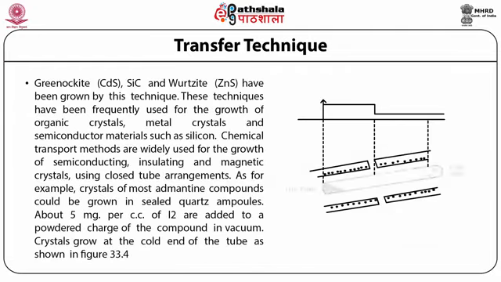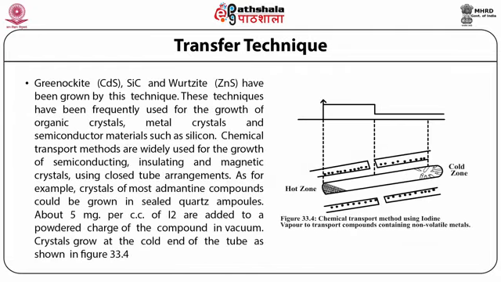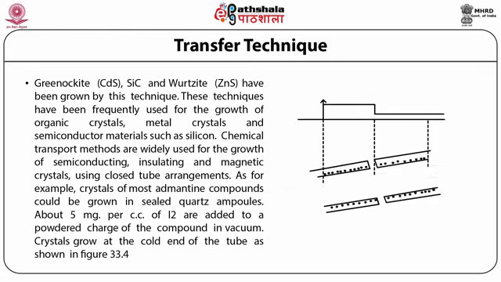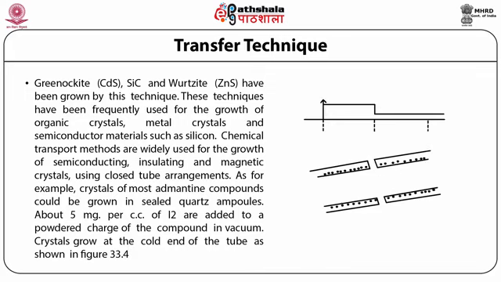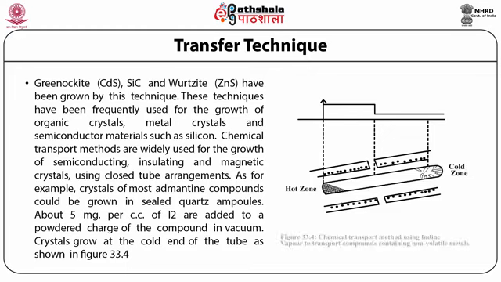Greenockite, that is cadmium sulfide, silicon carbide, that is SiC, and wurtzite, that is ZnS, have been grown by this technique. These techniques have been frequently used for the growth of organic crystals, metal crystals, and semiconductor materials such as silicon.